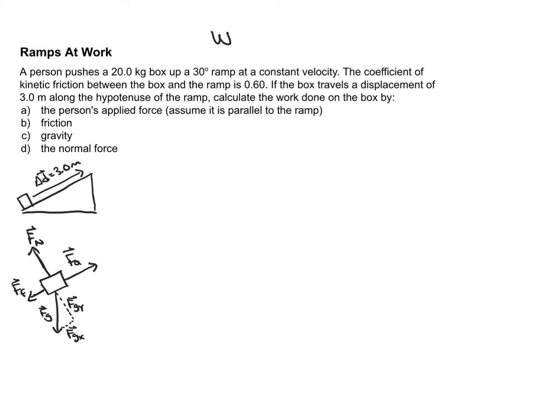Work is going to equal, in general, force times displacement times cosine of theta. So for each of these forces, I should find the value of those forces. That's a dynamics problem for now, so maybe I'll do that first. Let's figure out the value of all four of those forces.